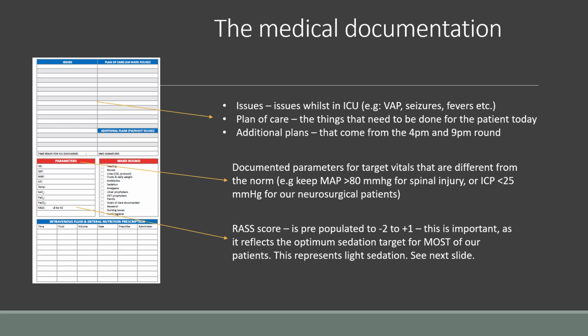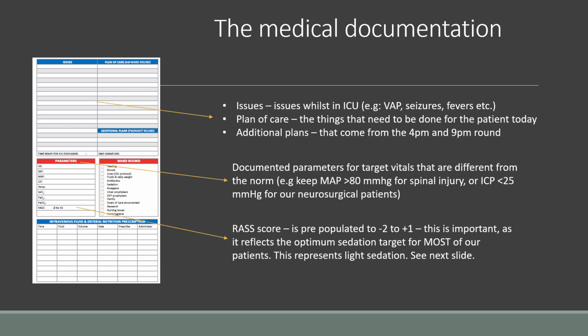But there may be a special subset of patients that may need a higher MAP or a lower MAP, and that's where this is documented. Likewise, for things like intracranial pressure monitoring for our neurosurgical patients, that will also be written down as a target parameter.